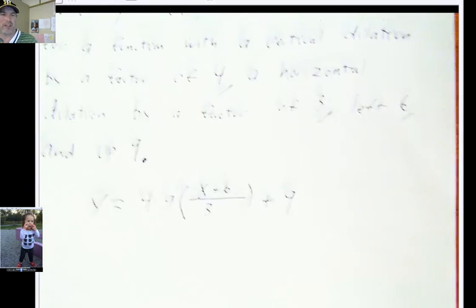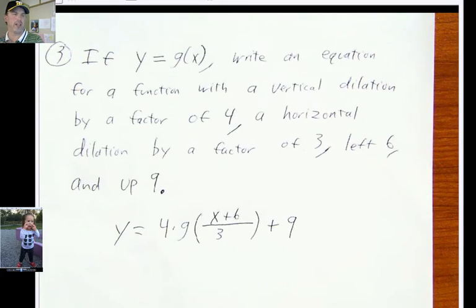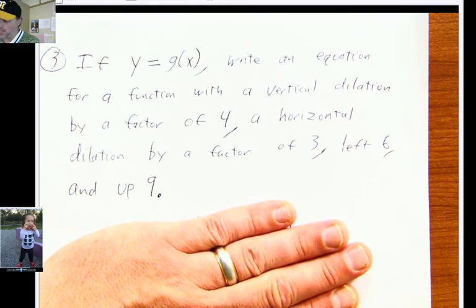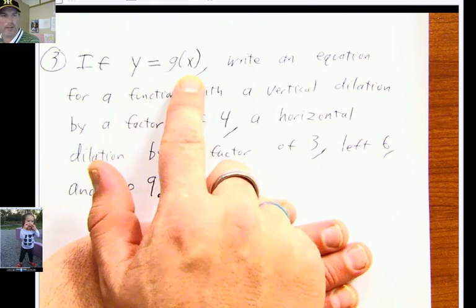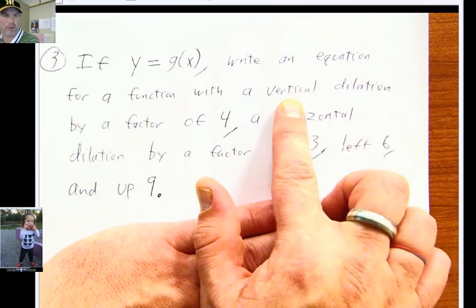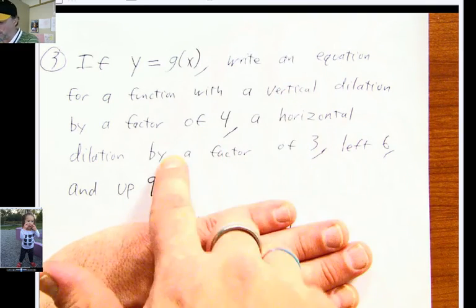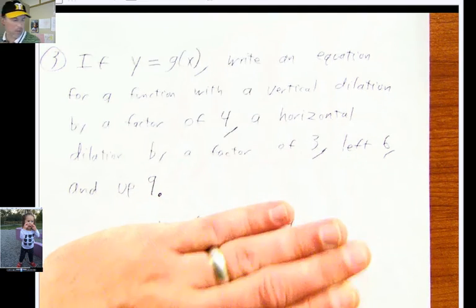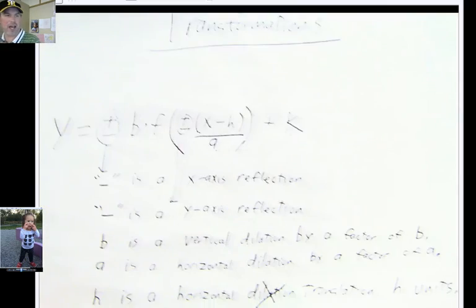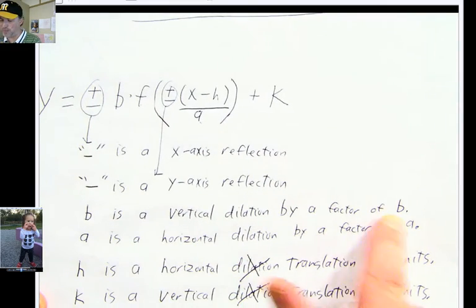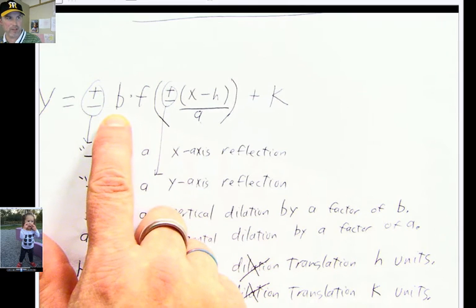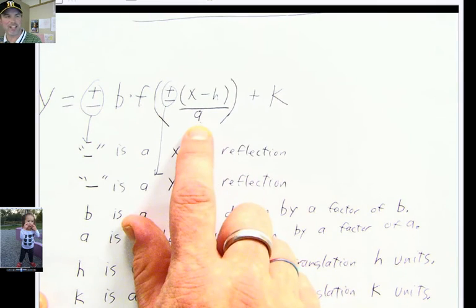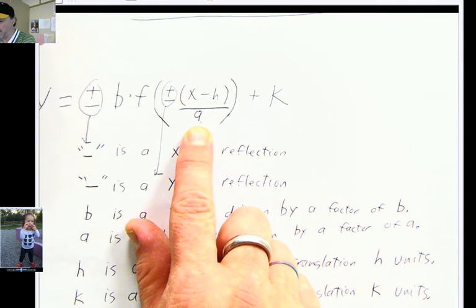And I do have this third example. It's actually completely worked out already because I explained it in my first, non-graph paper lesson. But essentially, I want to write an equation for g of x that has a vertical dilation by a factor of 4, a horizontal dilation by a factor of 3, left 6, and up 9. Well, use this as a guide. A vertical dilation by a factor of b means that there's a b out front of the equation, and a horizontal dilation by a factor of a means that inside the function you are dividing by a.